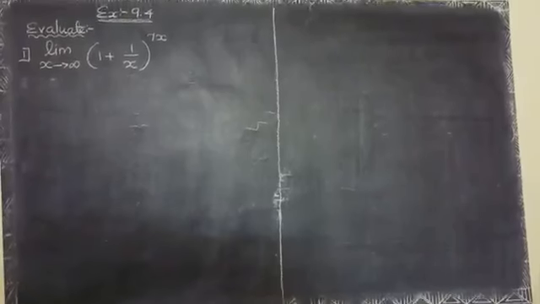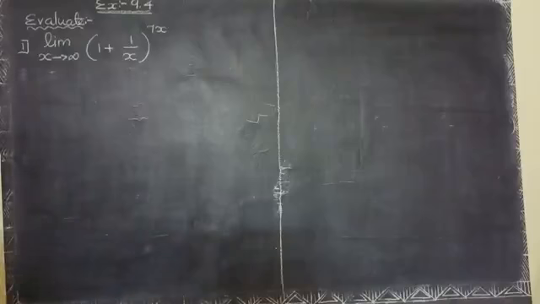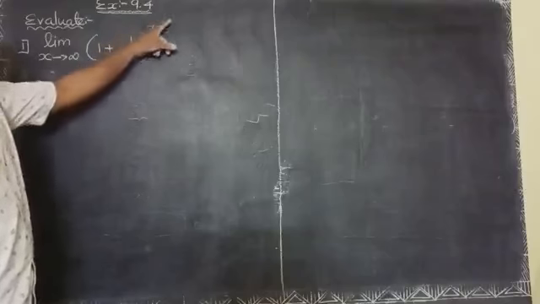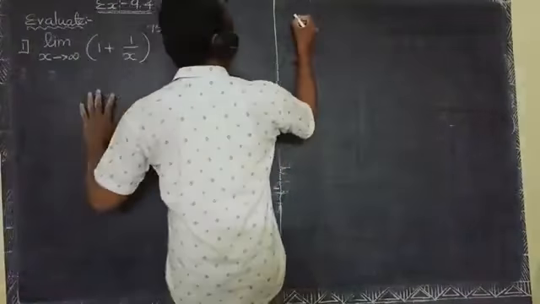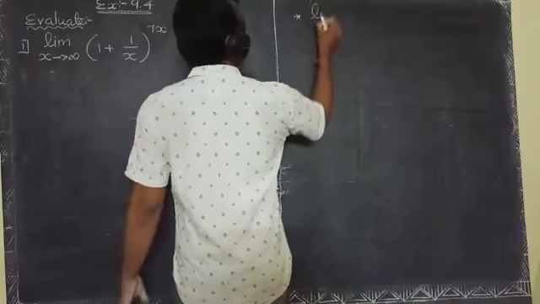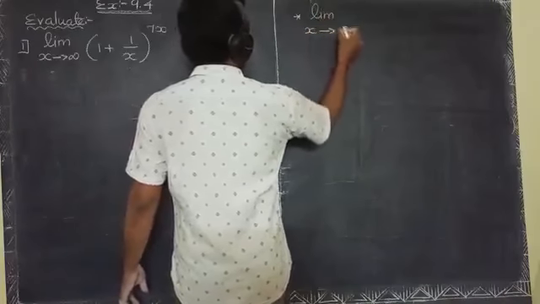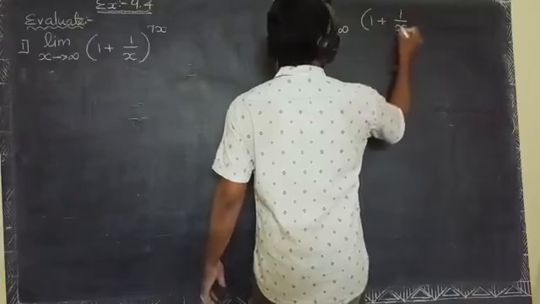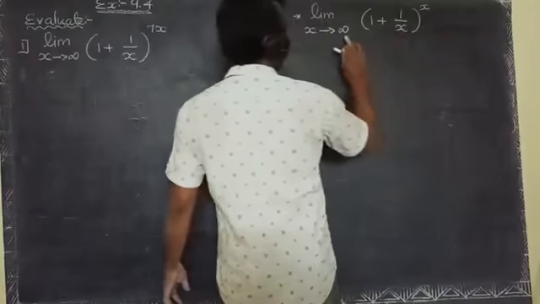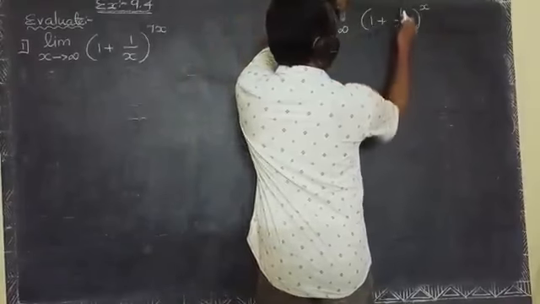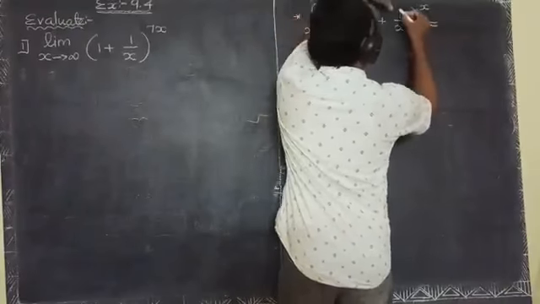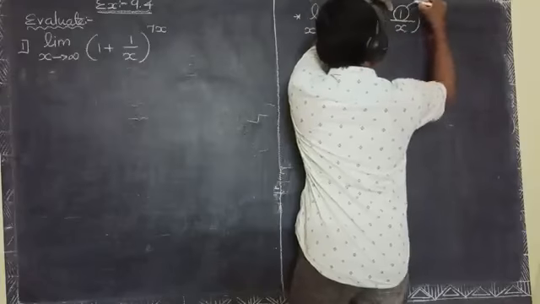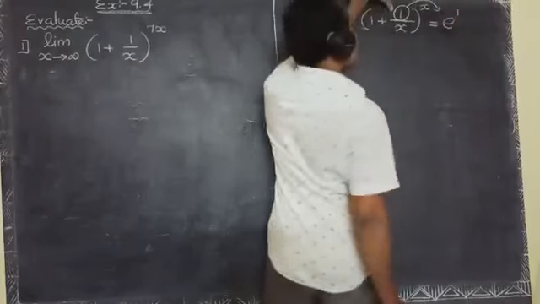Exercise 9.4. Evaluate. First question: limit x approaches infinity of 1 plus 1 divided by x whole power 7x. We know two results. Limit x approaches infinity of 1 plus 1 divided by x whole power x is equal to e power 1.